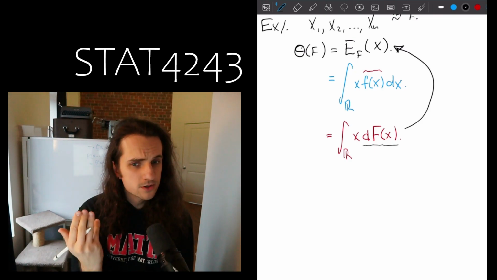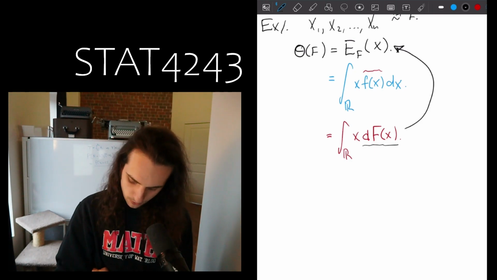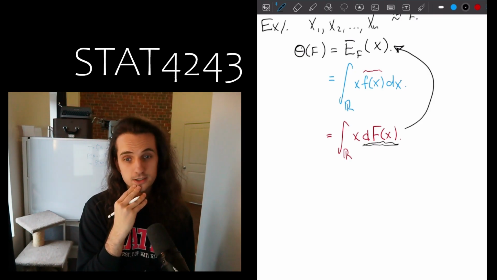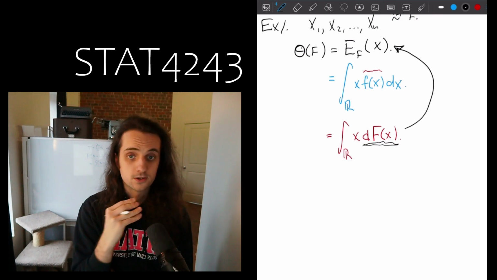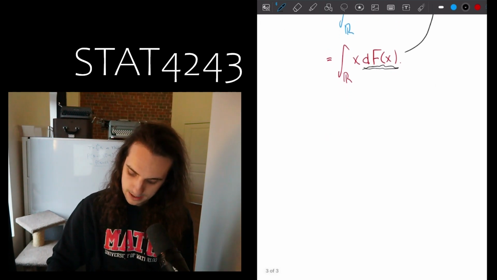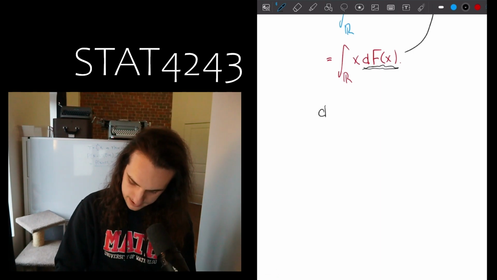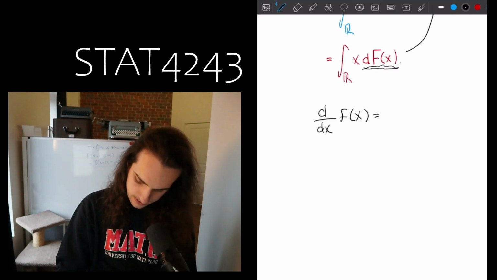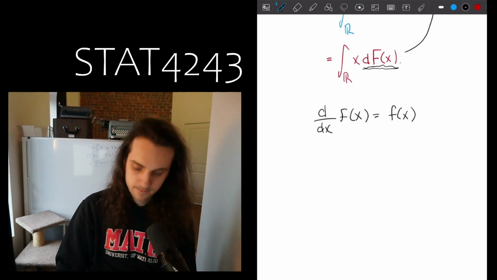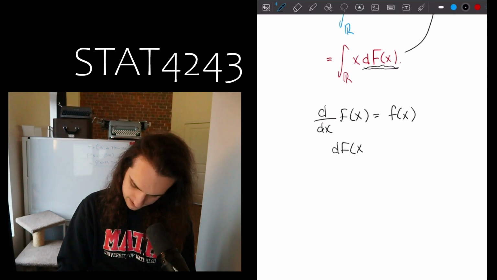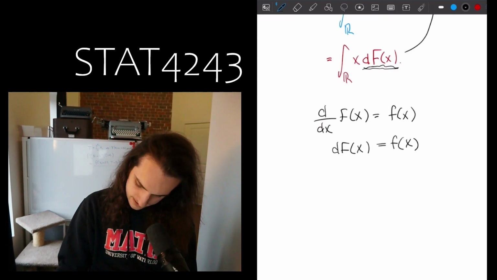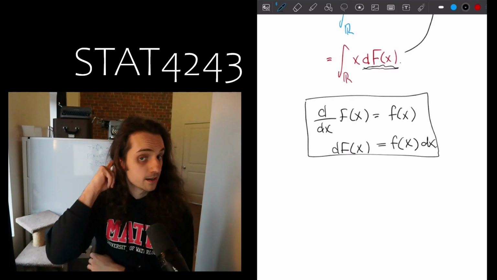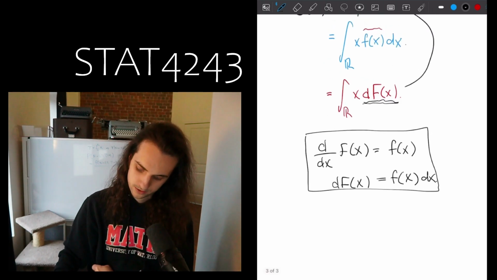But the way you can intuitively read this is that the derivative of this function is the thing that we're integrating with respect to. You can think about that as doing some sort of u substitution, where if you take d by dx of F(x), then that gives us the density, and so dF(x) is going to be f(x) dx. This is perhaps an informal way of arguing what we're talking about here.